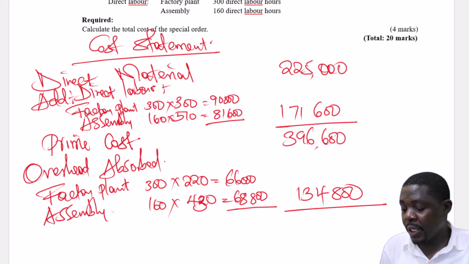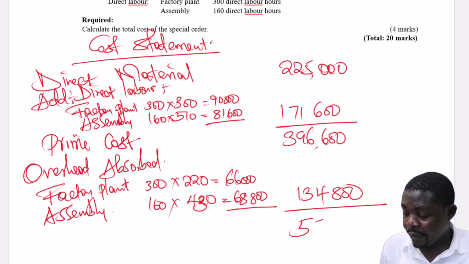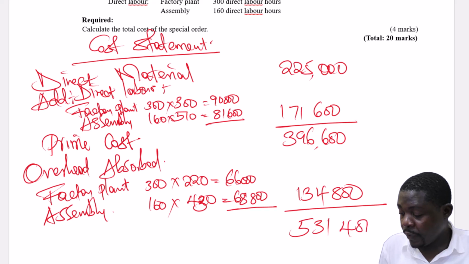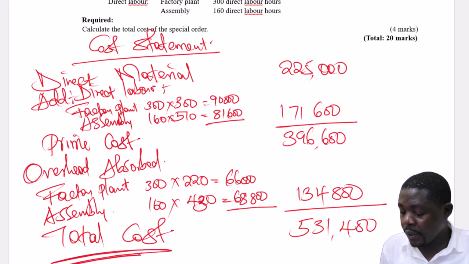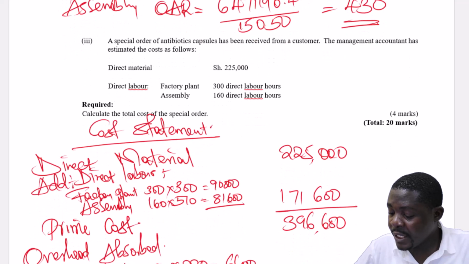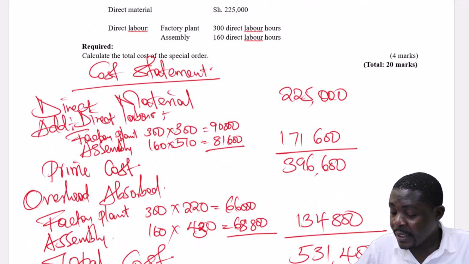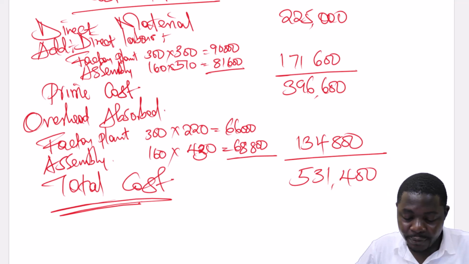Then find the accumulation, plus 396,600, you get 531,400. That is the total cost for capsules. If they receive the special order, that's the total cost they need to budget for.